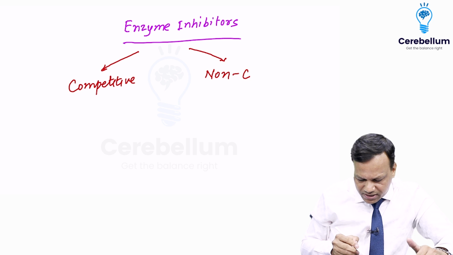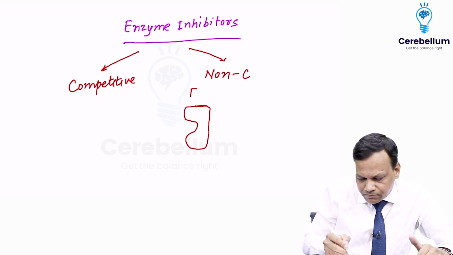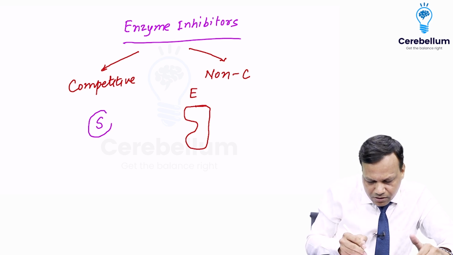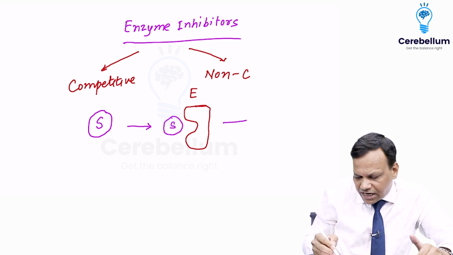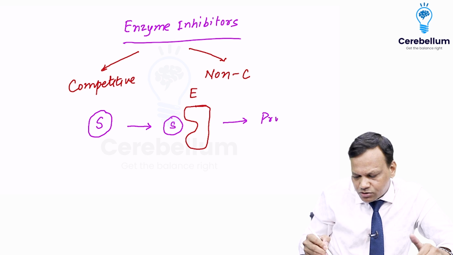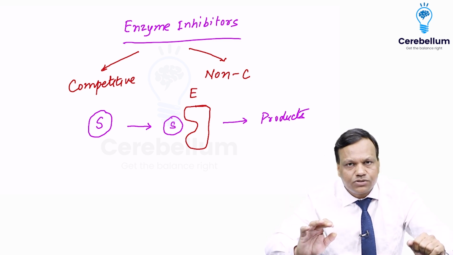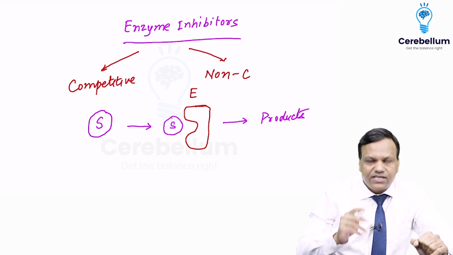The basic thing to understand is, suppose this is an enzyme and this is a substrate. The substrate binds to the enzyme and then action occurs, or we can say products are produced. Now there are two types of enzyme inhibitors. One is competitive.